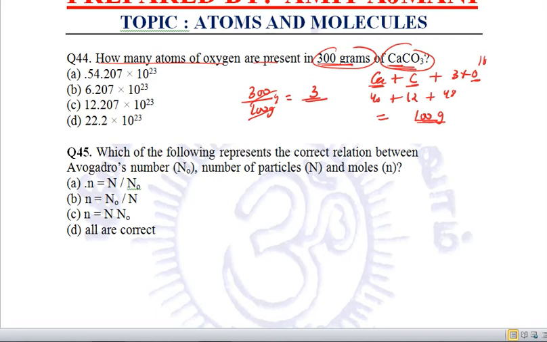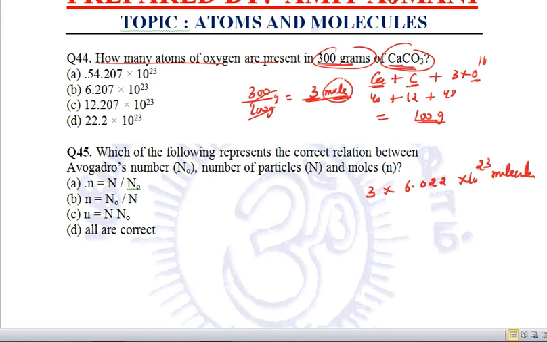When we know that it is 3 moles, in 1 mole there are 6.022 into 10^23. So in 3 moles it will be 3 into 6.022 into 10 to the power 23 molecules.